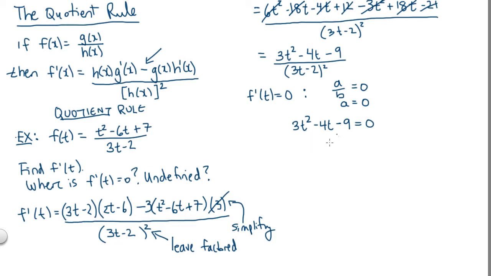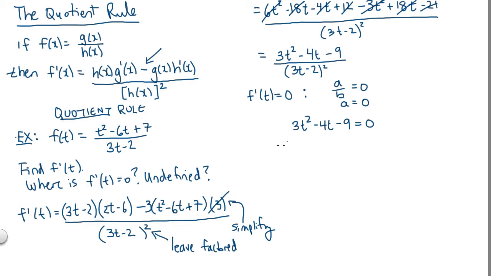Okay, now looking at this, I'm thinking that it's probably not going to factor nicely. You can play around with it for a little bit if you like to see if it's going to factor, or perhaps faster would just be to jump into the quadratic formula. Even if this polynomial here does factor nicely, the quadratic formula will still give you the answer.